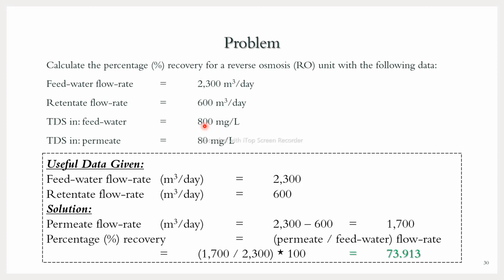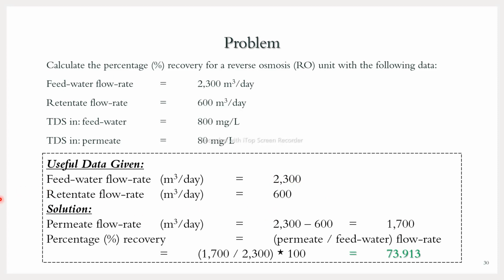But the usable thing is the water. So you are focusing on the water. That means whatever permeate will be there, that will be your recovered. So whatever feed water is there, you are recovering the permeate out of the feed water. As the focus is on the permeate, your recovery is permeate flow rate divided by feed water flow rate. Let's say it is a fruit juice industry.